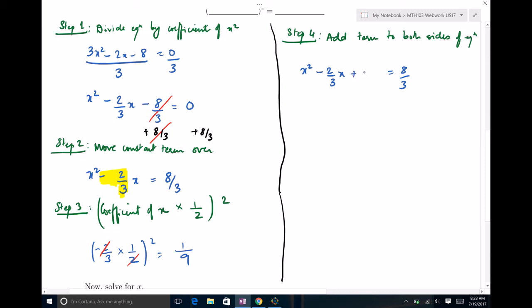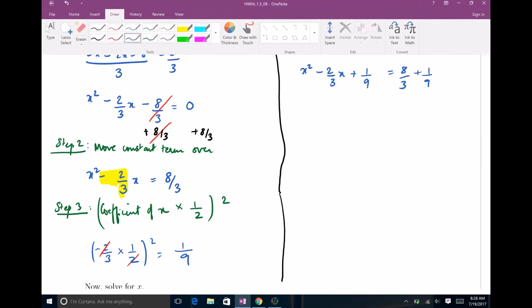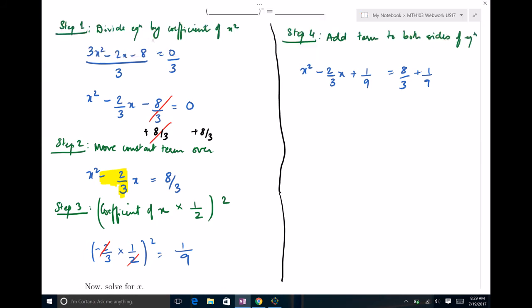What you're going to do now is add 1 over 9 to both sides of the equation. Why does this help? This helps because in step 5, you're going to simplify the two sides of the equation, and you'll see that the left hand side is a perfect square.